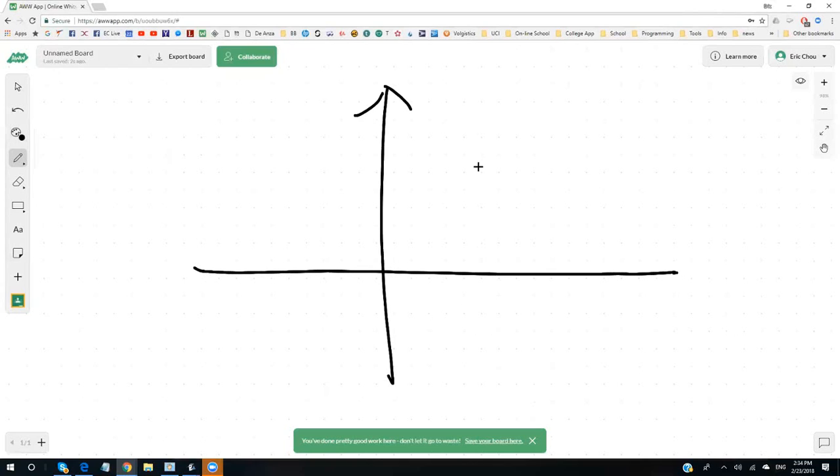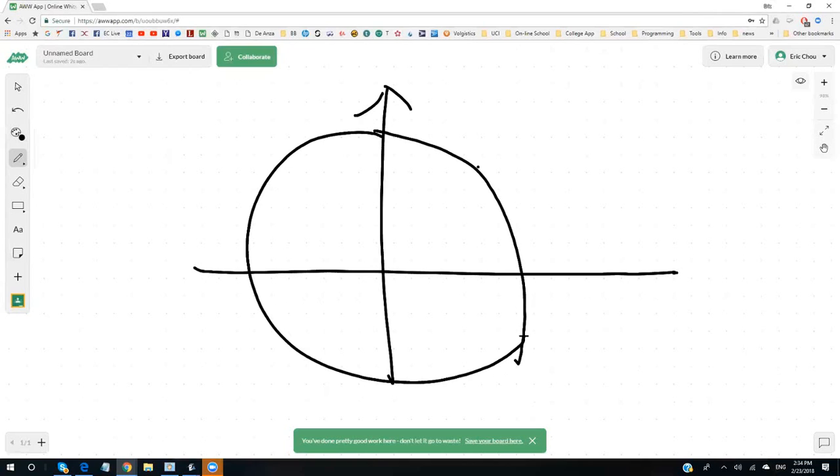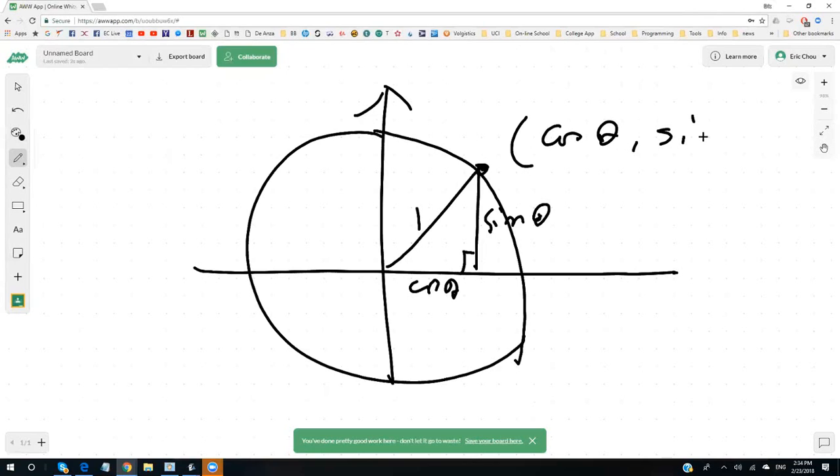There is a unit circle. Right here, this one's 1, this is cosine theta, this is sine theta. This point is called cosine theta, sine theta. Theta is over here. Now there's another one right here.